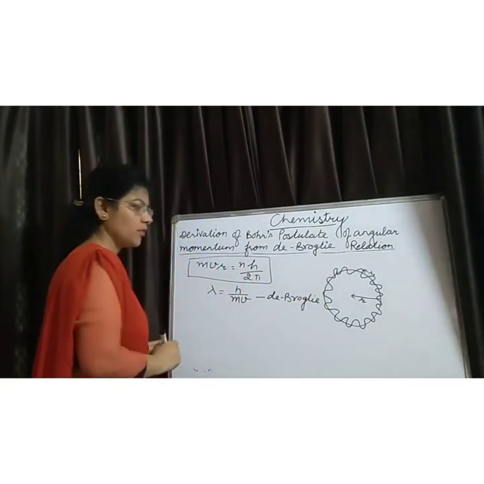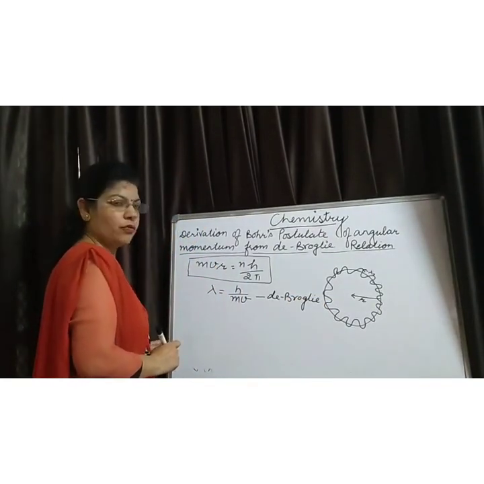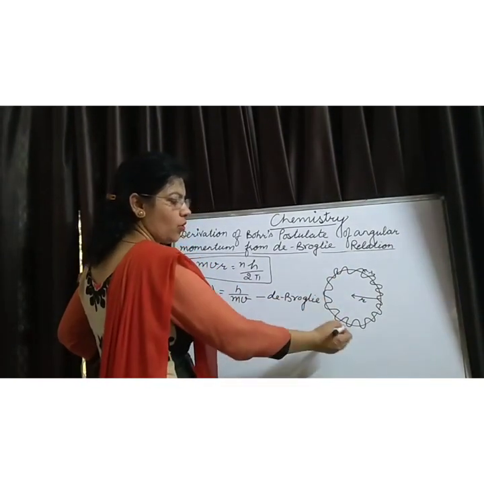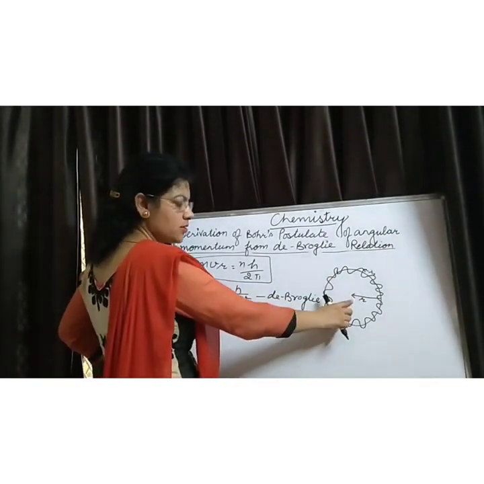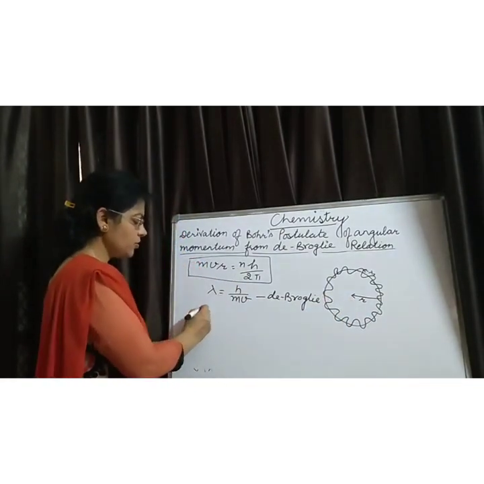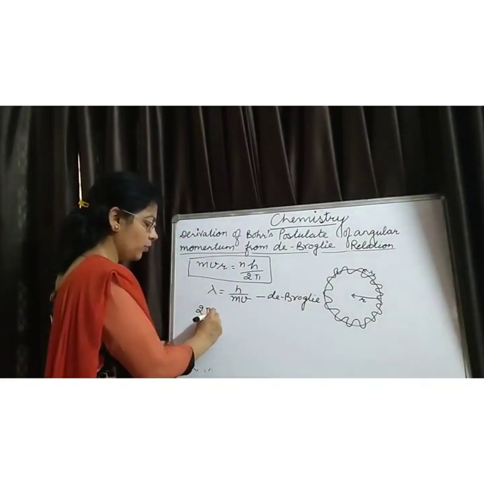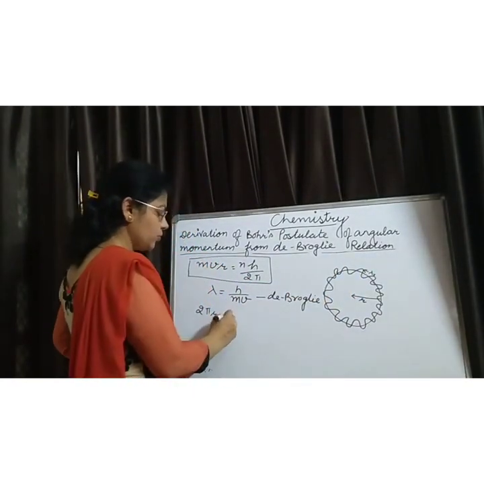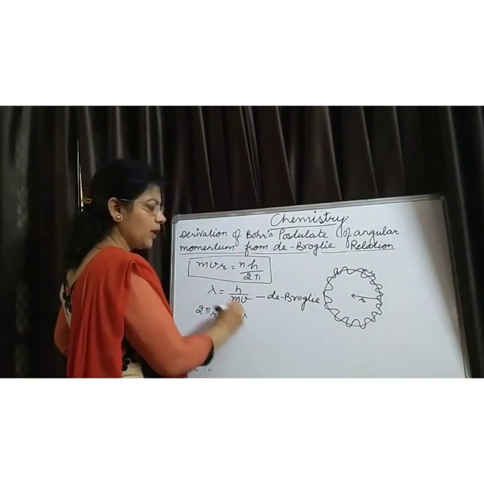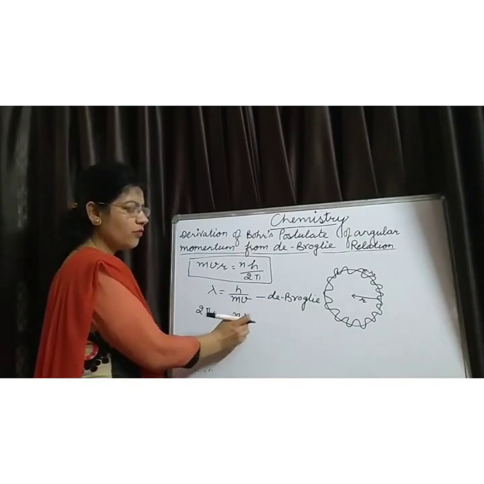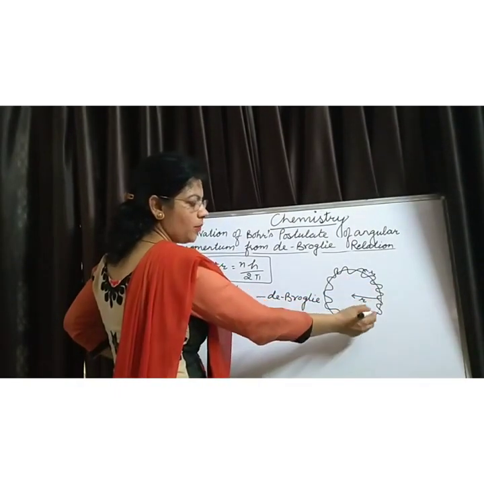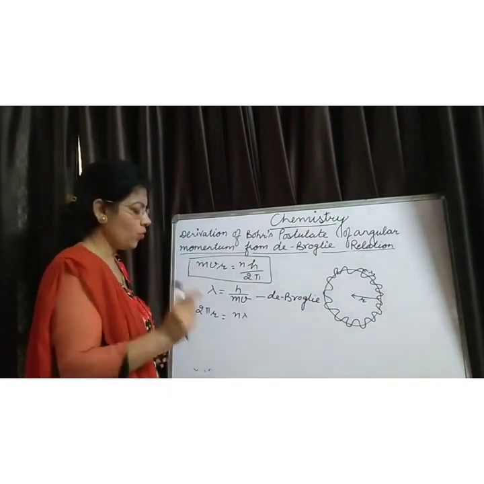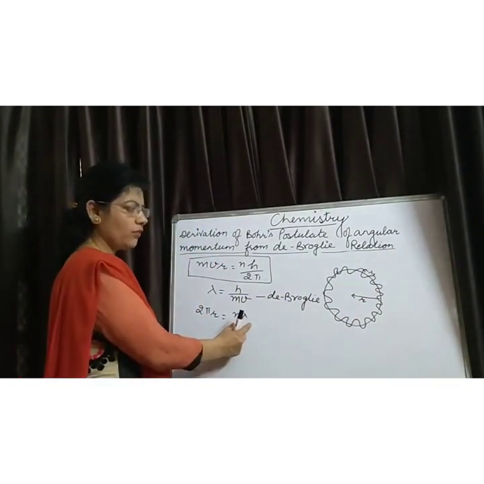Also, if we want to find the circumference of this orbit with radius r, the circumference is equal to 2 pi r, and this circumference is equal to n into lambda, where n is the number of waves possible in this orbit and lambda is the distance of one wave, also known as the wavelength.